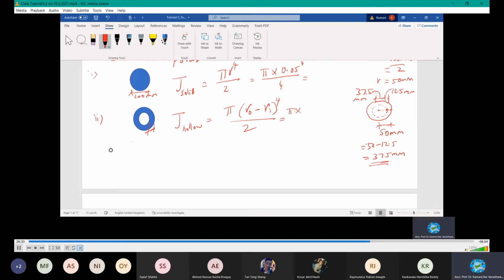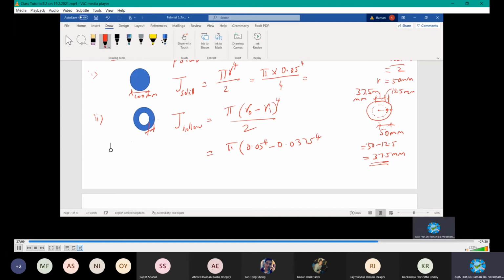I substitute pi. The explanation is over here and on the side. Our capital R will be 0.05 minus 0.0375. Write down pi times 0.05 power 4 minus 0.0375 power 4.